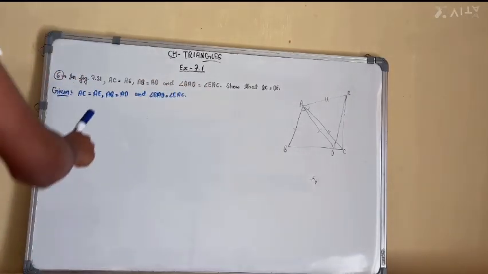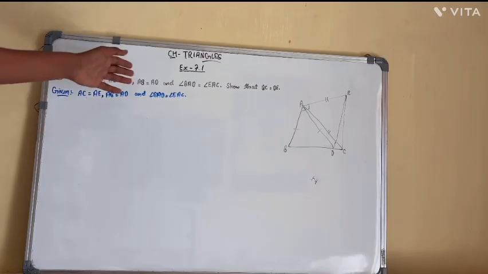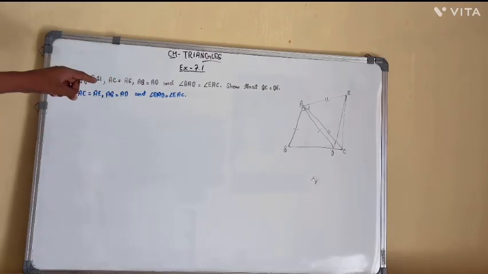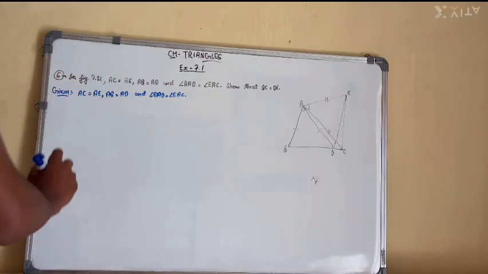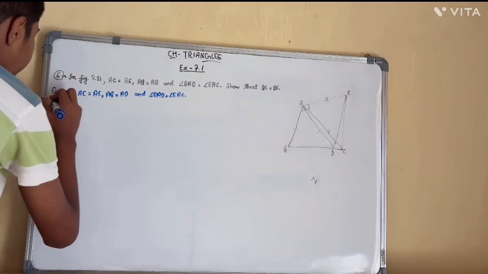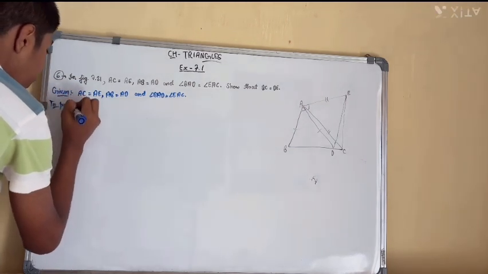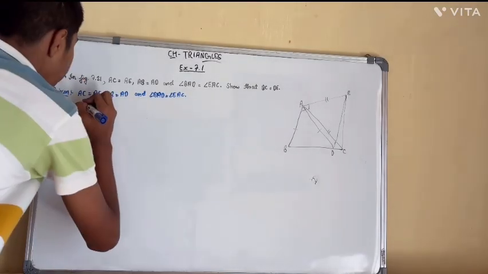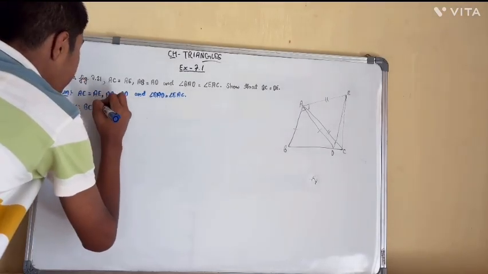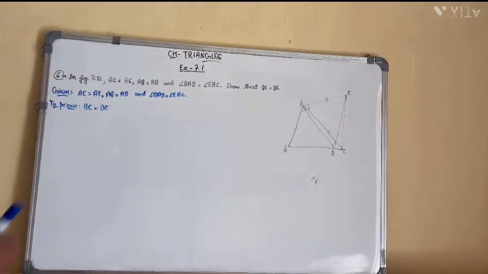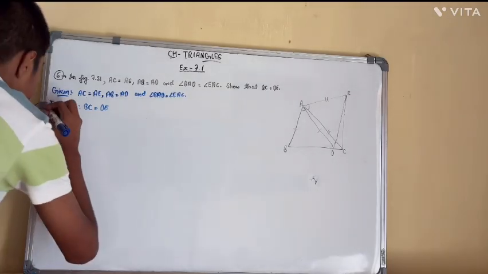Don't think that this is written in the question so why should we write it. You have to write it, then you will get marks. So what do we have to prove? I am writing here to prove. To prove what? BC is equal to DE. This we have to prove. So now we come to the proof.